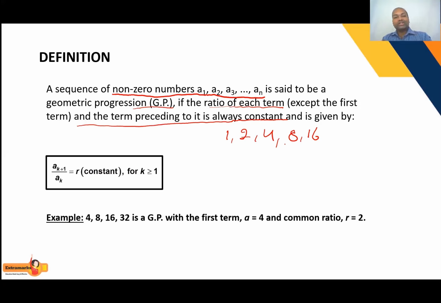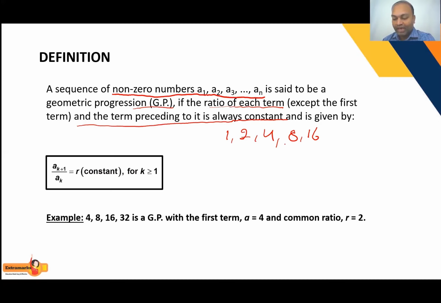In the earlier session, I explained arithmetic progression. The arithmetic progression condition: second term minus first term is equal to third term minus second term is equal to fourth term minus third term, which means the differences are the same. Now here, for GP, how to check it? You calculate the ratio.